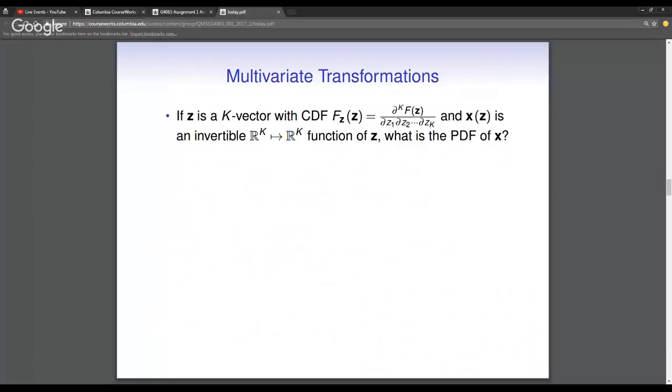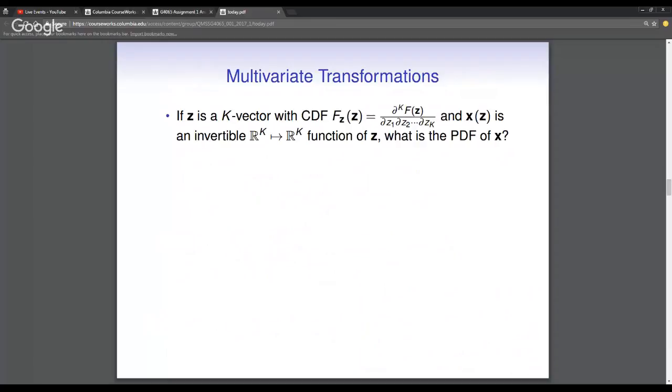And let's suppose that x is also a vector that is a function of the vector z. And further suppose this function is from the real numbers in k dimensions, that's what z is, also to the real numbers in k dimensions, that's what x is. So if x is some function of z, how would we go about getting the PDF of x?